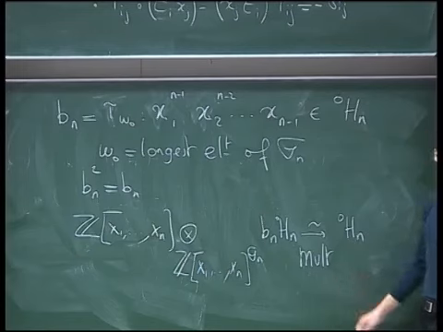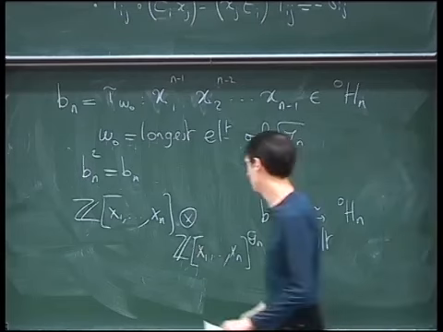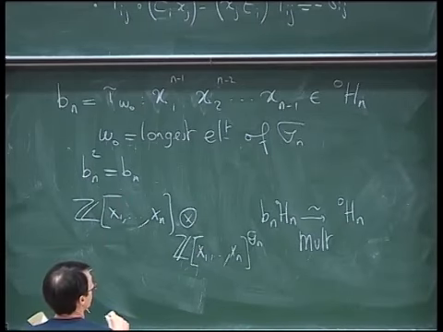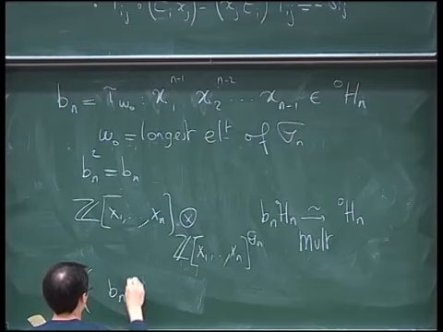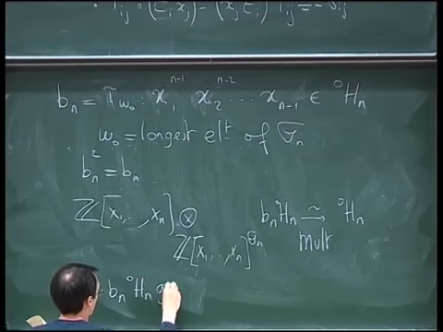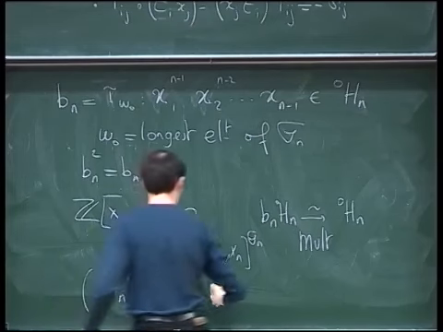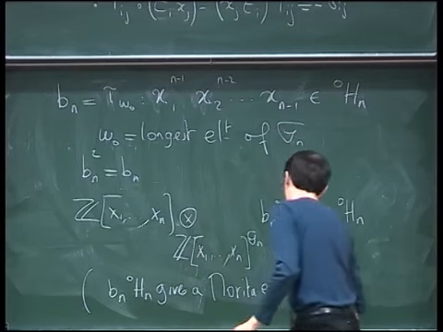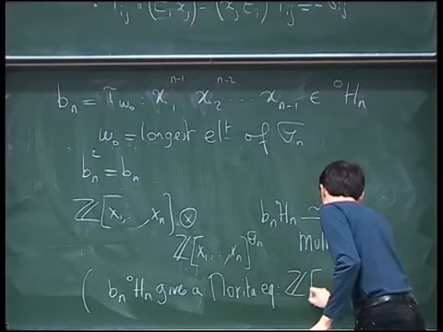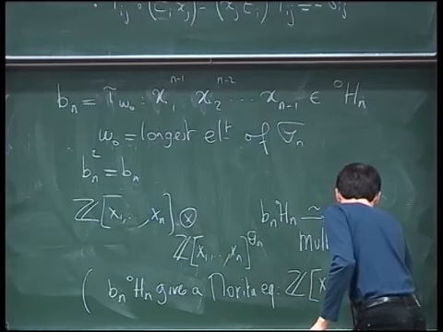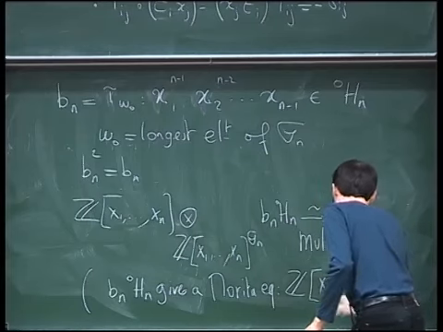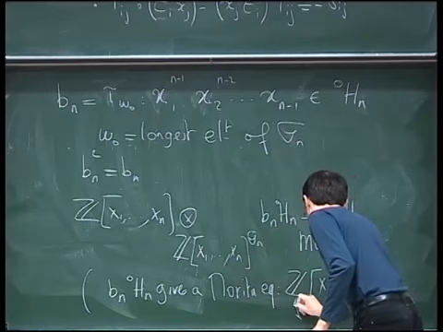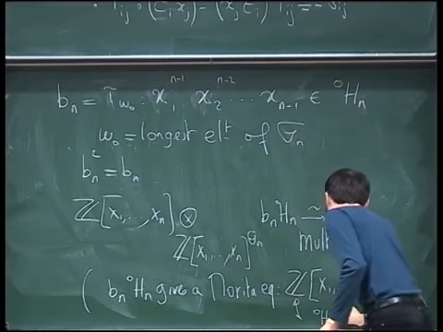And what that means is that b_n 0H_n gives a Morita equivalence between the invariant polynomials and this nil affine Hecke algebra.